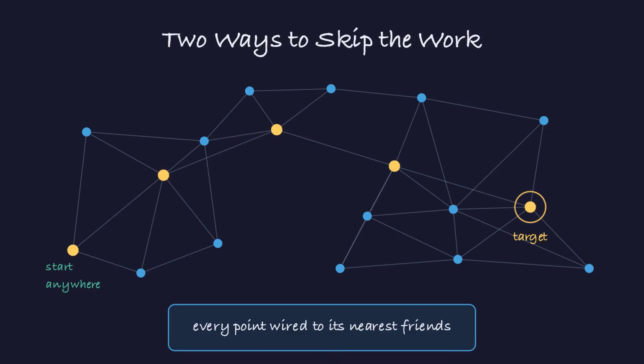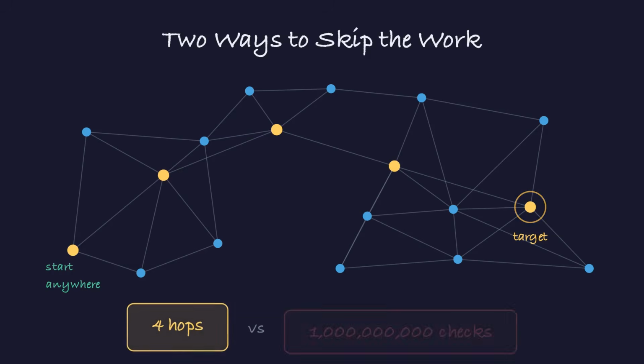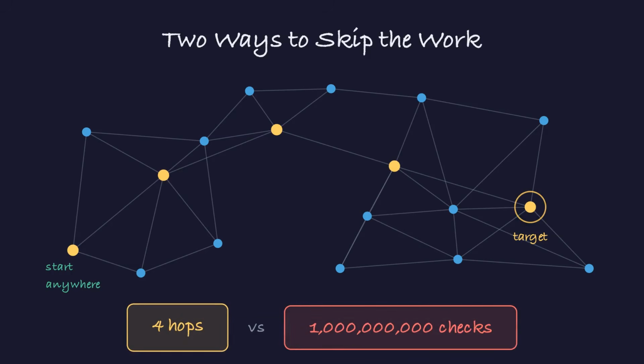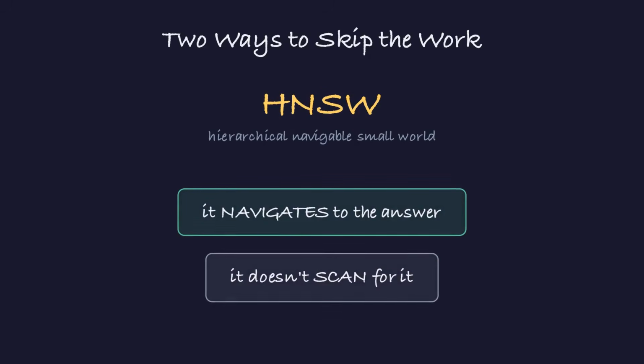Hop to that one. Ask again. Hop again. It's friend of a friend, zooming in on the answer in a handful of jumps, instead of walking past everyone in the building. There's a famous version of this called HNSW, but forget the acronym. Just remember, it navigates to the answer instead of scanning for it.